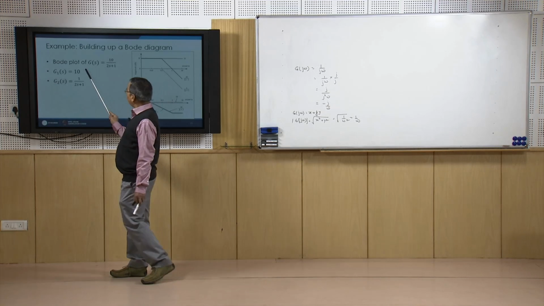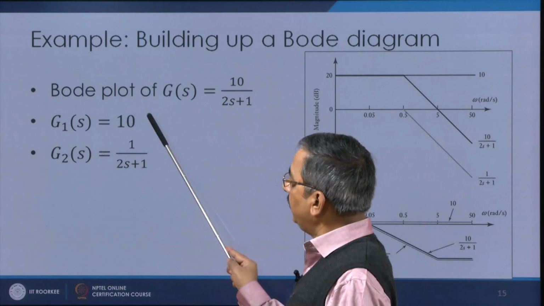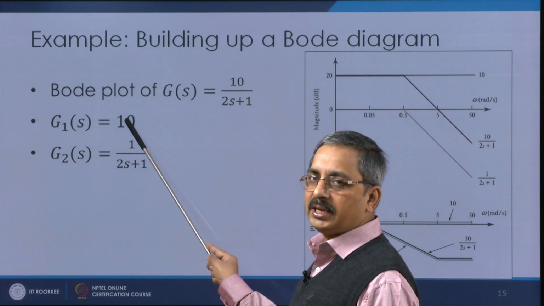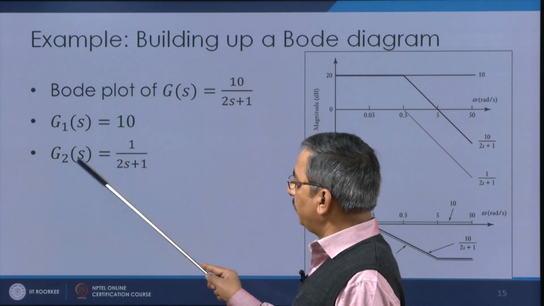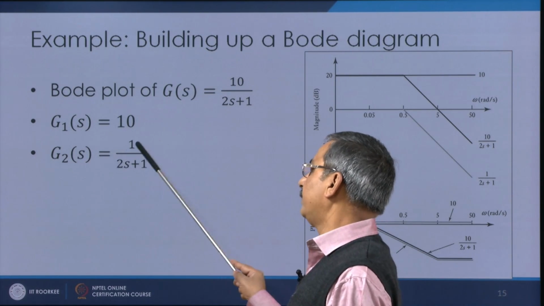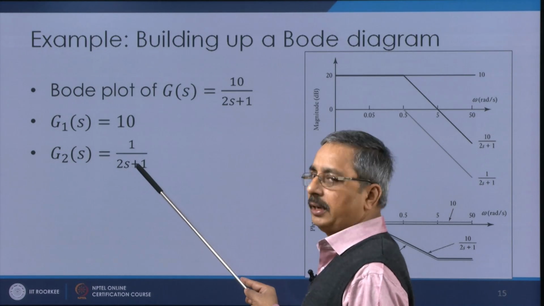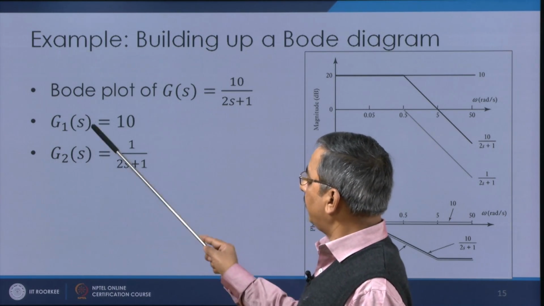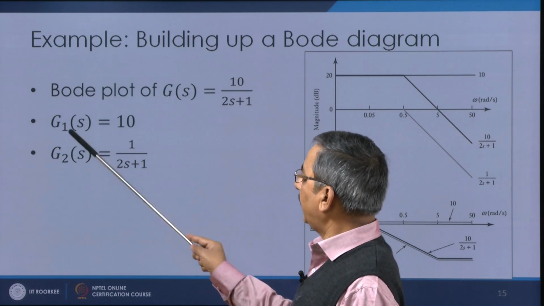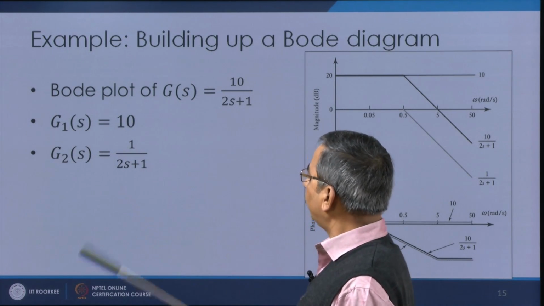This is very similar to what we have seen in the previous slides, G(s) equal to k and G(s) equal to 1 by tau s plus 1. I can replace s by j omega and then draw the Bode plot.